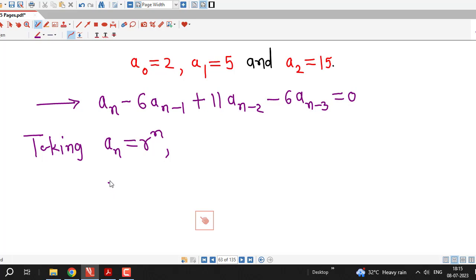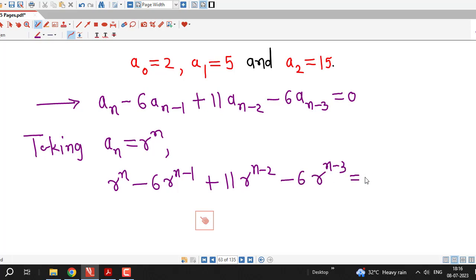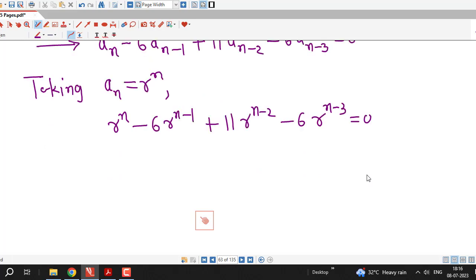We have r raised to n minus 6 times, if an is r raised to n, an minus 1 is r to the power n minus 1, plus 11 times r to the power n minus 2, minus 6 times r to the power n minus 3 equal to 0. Now in this equation, the lowest degree term is r raised to n minus 3.